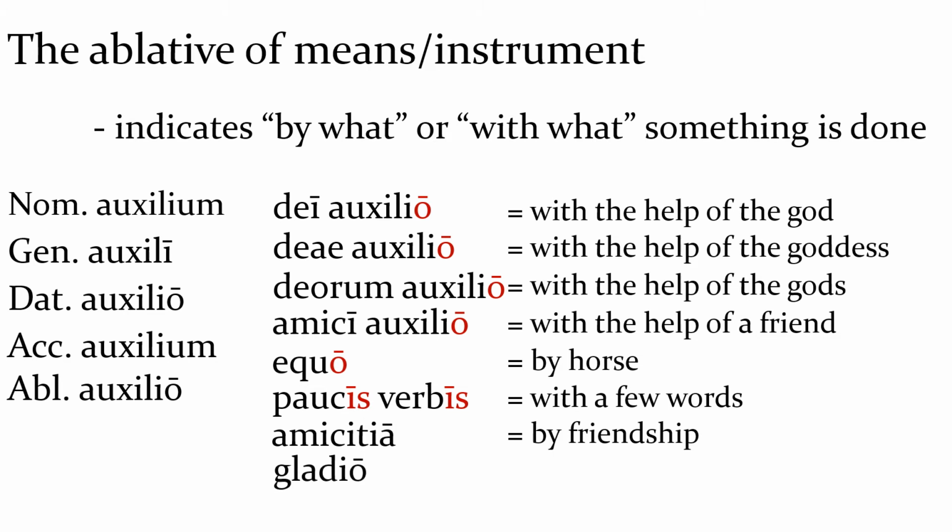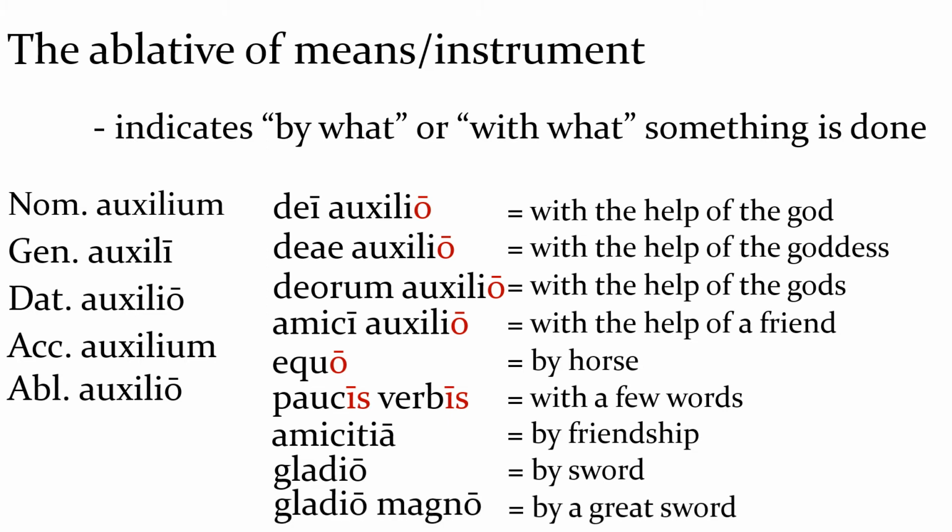Gladio comes from the word gladius, which means a sword. It's also where we'll get the word gladiator later. So by sword, and gladio magno, by a great sword. So you can see all of these use by or with, okay? And we don't have any preposition here. We go directly to the ablative. And all of these are by or with.